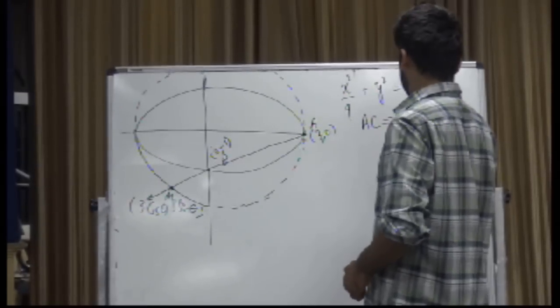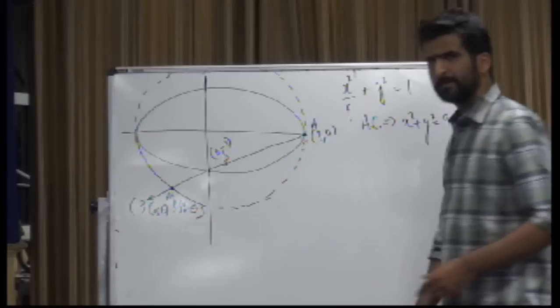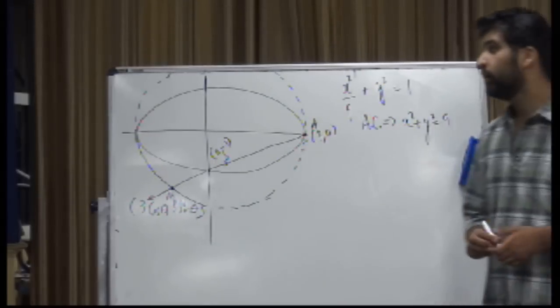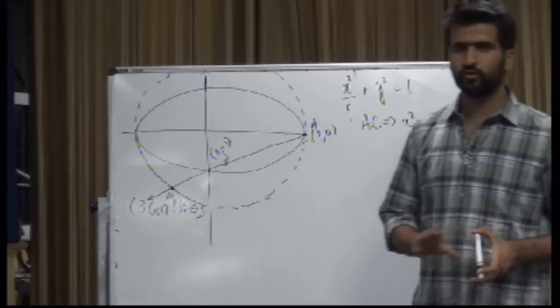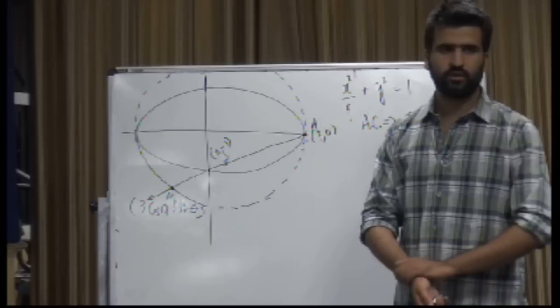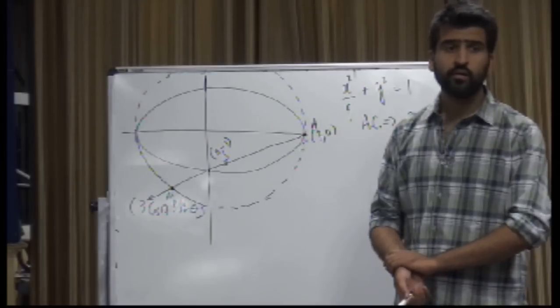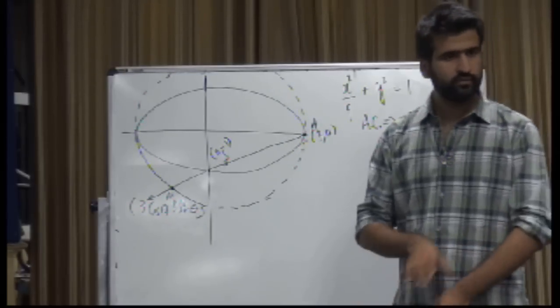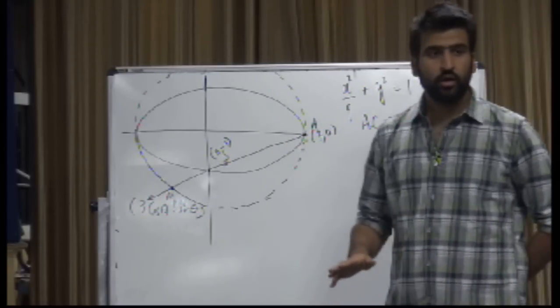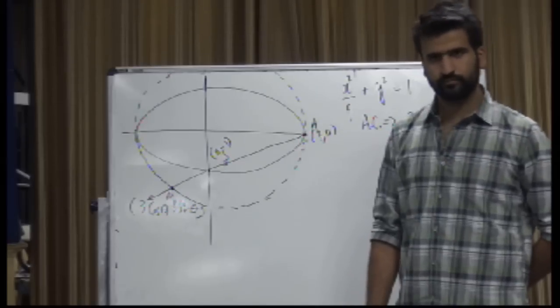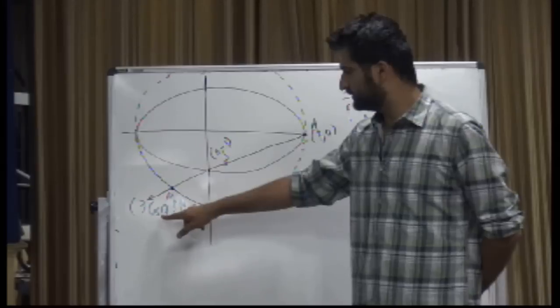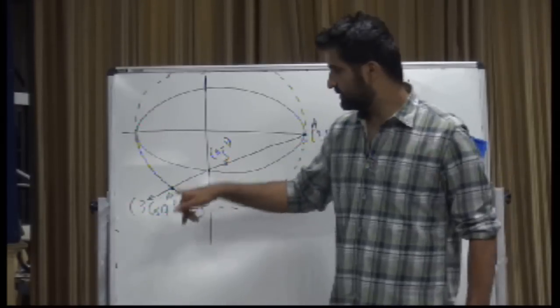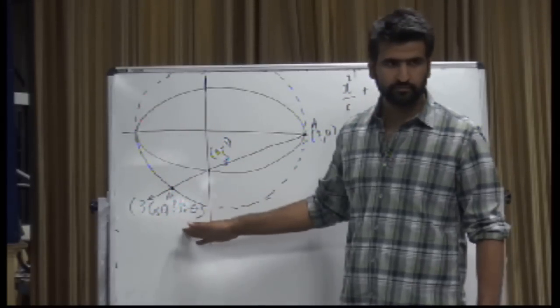Sir, will it make a difference if we consider the point B on the other side? No, it's okay. It will be 3 cos theta, 3 sin theta. No, actually, the theta angle is according to that. Now, see, in the third quadrant, both are negative, right?